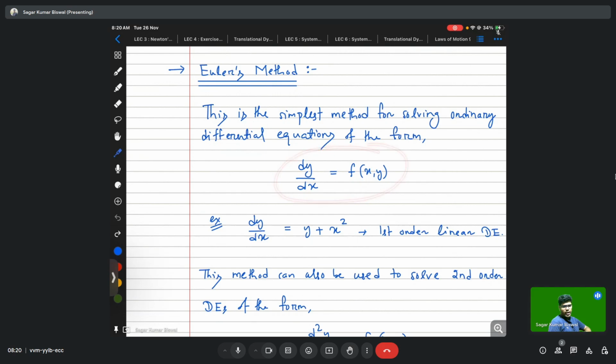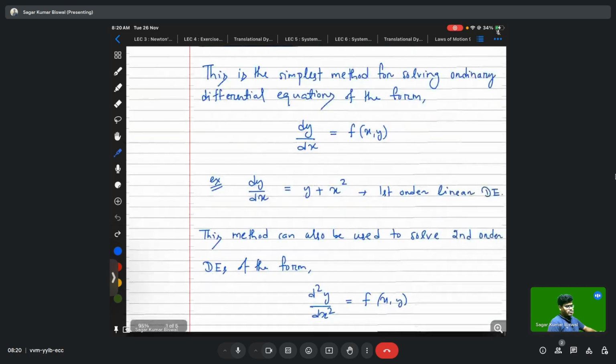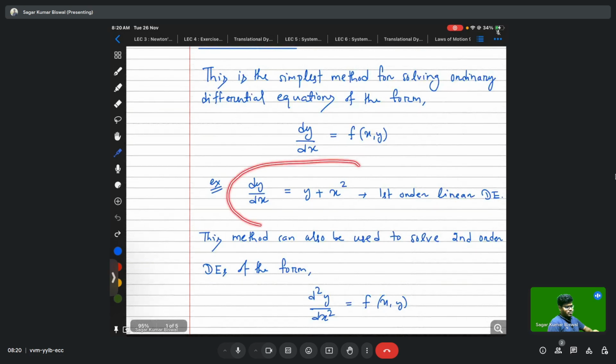So this is a first order ordinary differential equation, and this Euler method is the simplest method. So here is an example of a first order, linear type differential equation. This y is the dependent variable and this x is the independent variable.